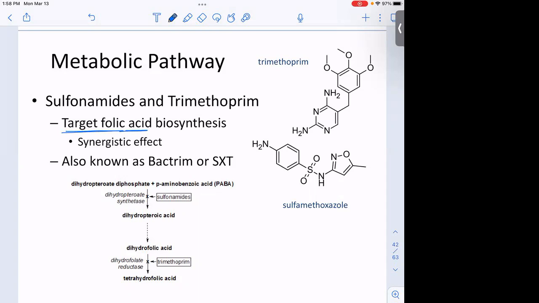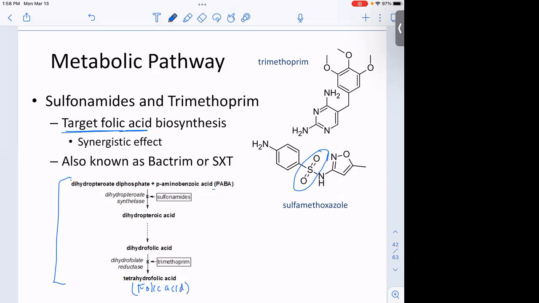But the sulfonamides, this is a huge group of drugs that have this sulfonamide functional group right there. So like sulfamethoxazole, there's lots of different sulfa drugs. If you look at the pathway to make folic acid, and don't memorize this, tetrahydrofolic acid, same thing, folic acid, same thing.